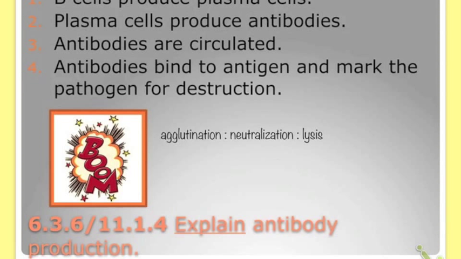And so it effectively makes a large clump of pathogens. So several pathogens are all bonded together by their antigens and antibodies. And this makes them more vulnerable to being engulfed by phagocytic leukocytes. And basically just makes the process more efficient, as well as multiple pathogens can be ingested at one time.